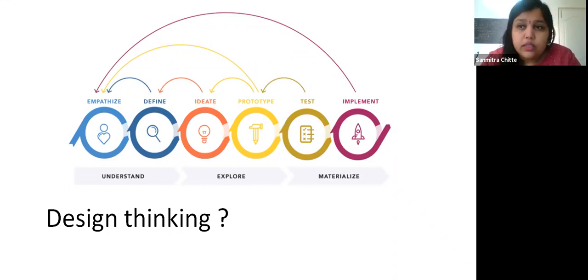How do they understand it? They actually get into the shoes of the scenario or the environment which is going through that problem. They understand it, they define it, and after they define it well enough, there is an increase in the scope of people who work towards the project.